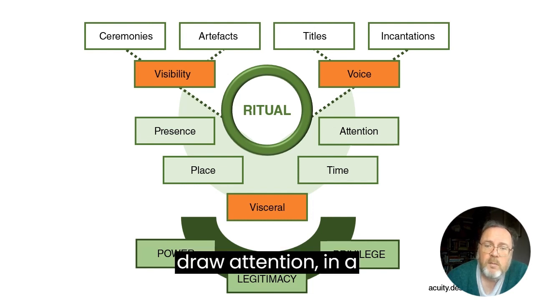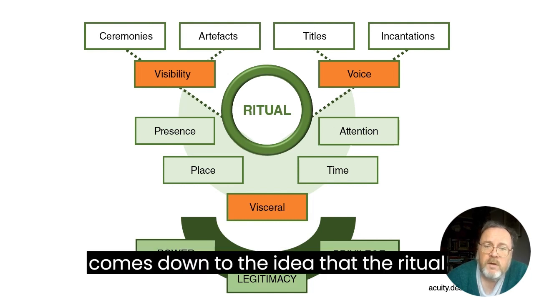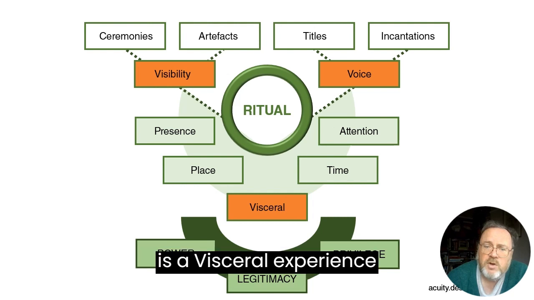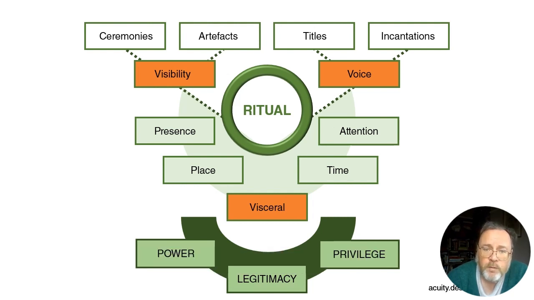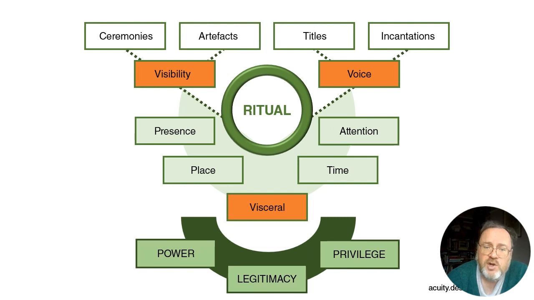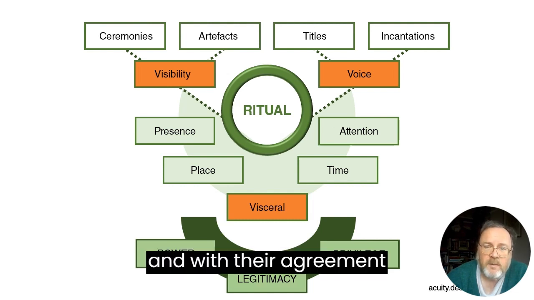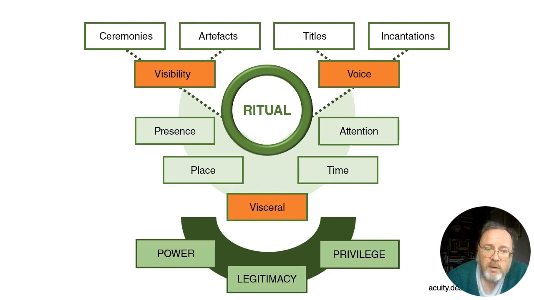And these draw attention in a specific time. And all of this comes down to the idea that the ritual is a visceral experience for the group where they understand that power, privilege, and legitimacy are being shifted explicitly and with their agreement between people.